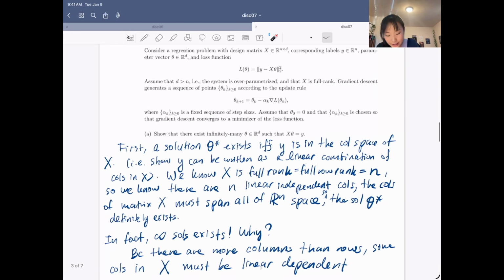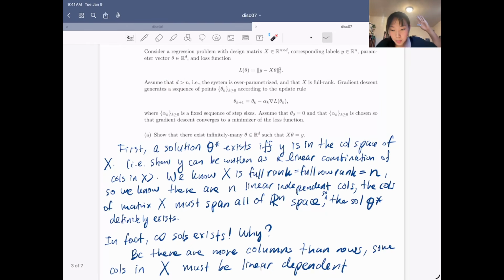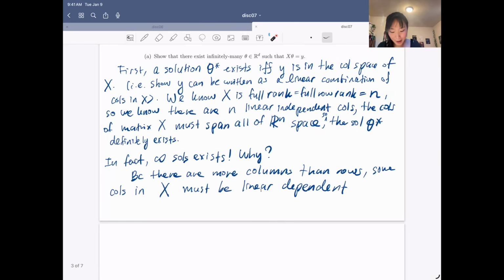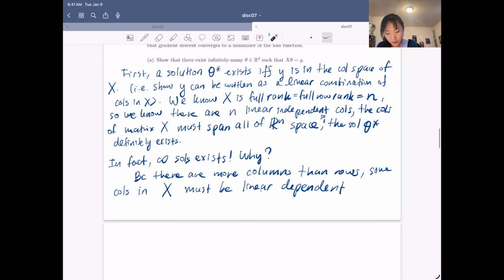There are actually d columns, right? There are more columns than rows. And so some of these columns must be linearly dependent, because you have way more columns than you need to span all of Rn space. You have d columns, in fact. And so therefore, some columns in X must be linearly dependent.